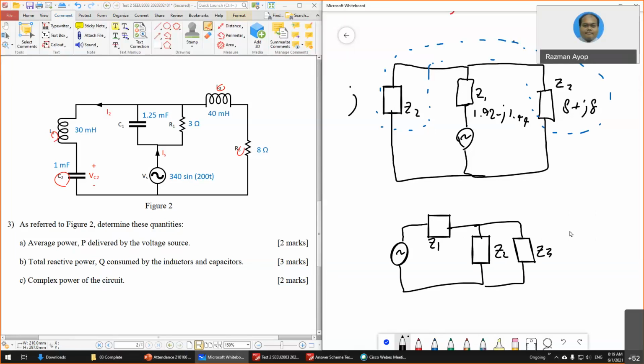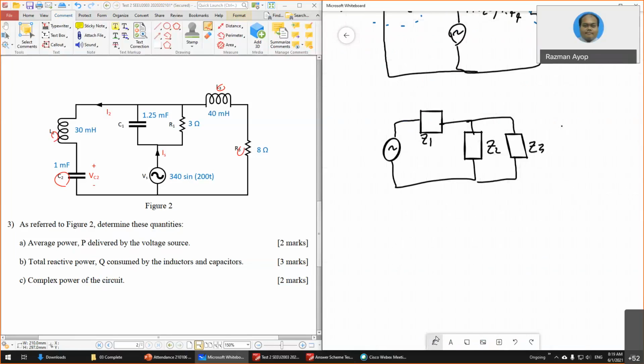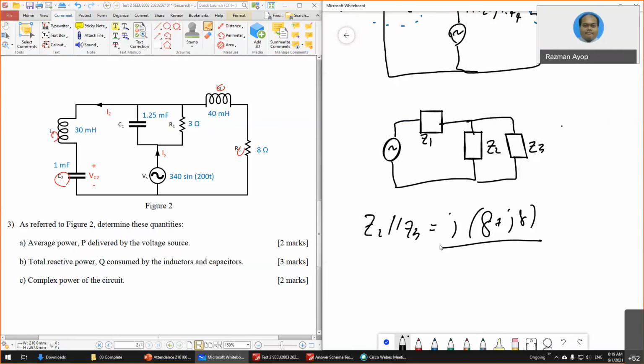So what to do next? You have to make sure you parallel Z2 and Z3. So equals J parallel with 8 plus J8, then divide by 8 plus J8 plus J.